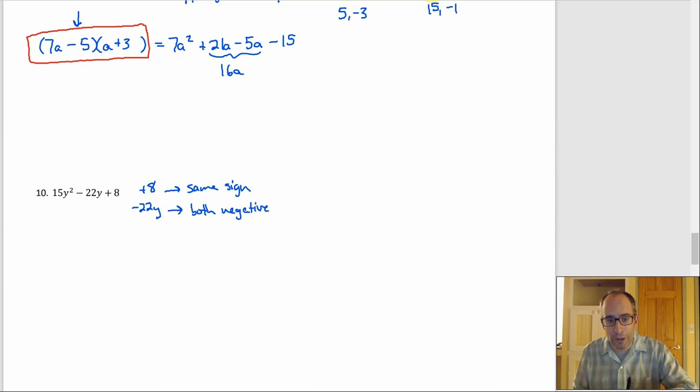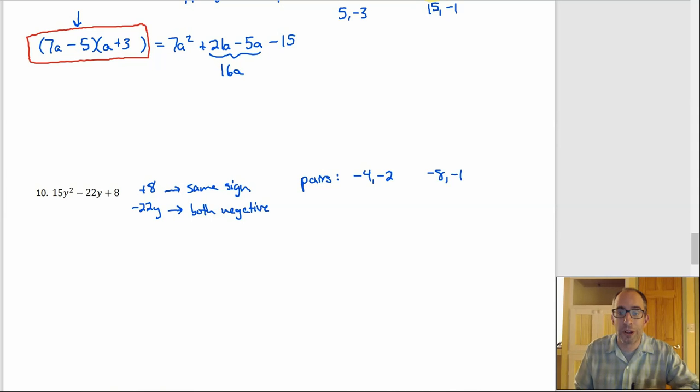All right, so then what are our pairs? Well, if they're both negative, it's either going to be negative 4 with negative 2 or negative 8 with negative 1. At most, you would have to check 4 things here. Well, unless it's the 15 with the 1 with the y's. So I guess these are our C pairs.